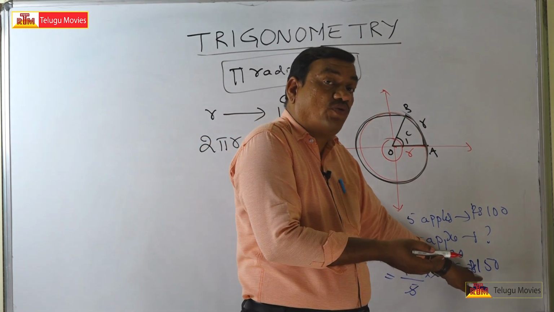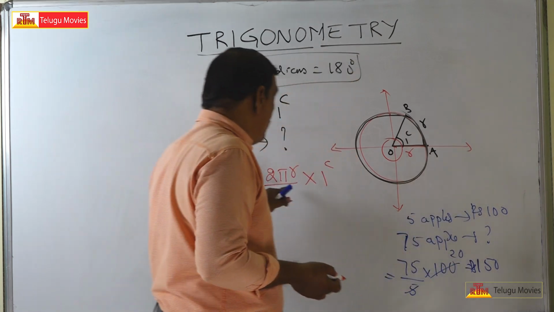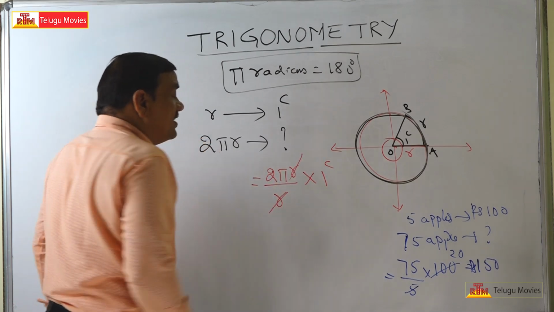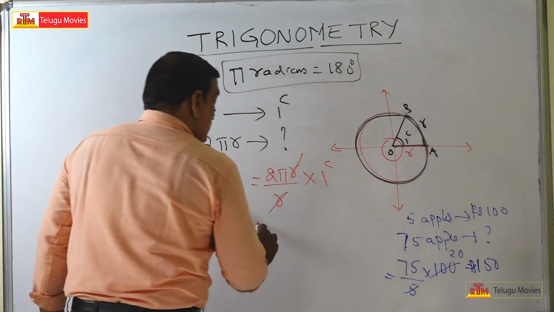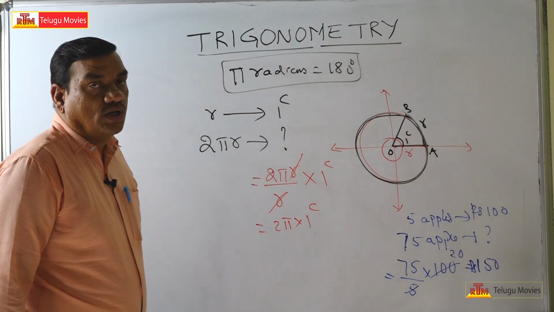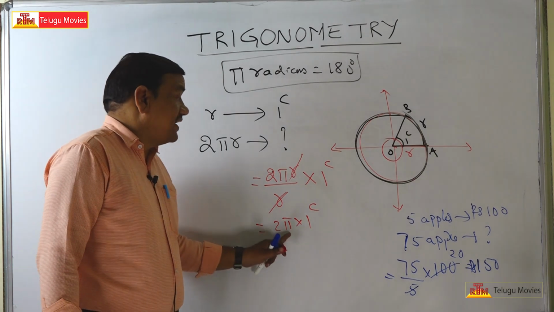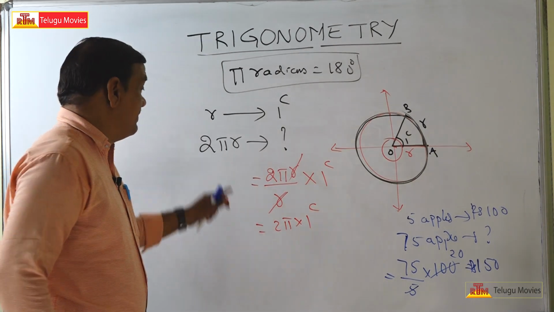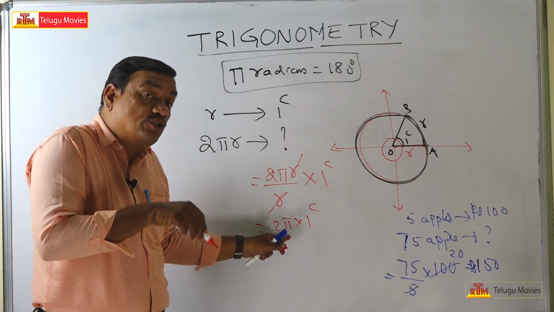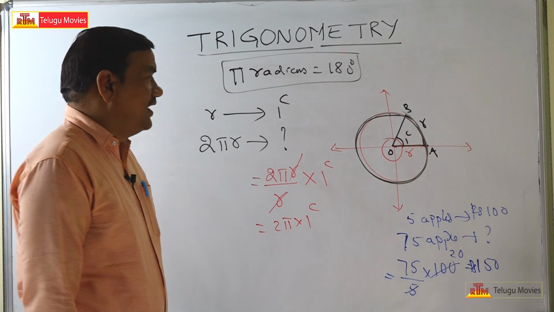The ultimate output you are getting is rupees, here also rupees. What is the output here? 1 radian. That means r will get cancelled. That is 2 pi into 1 radian, understand.